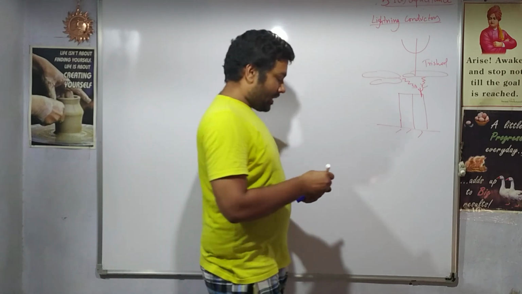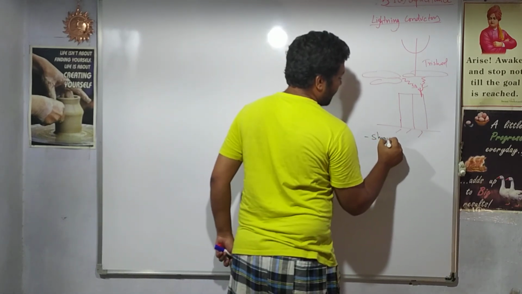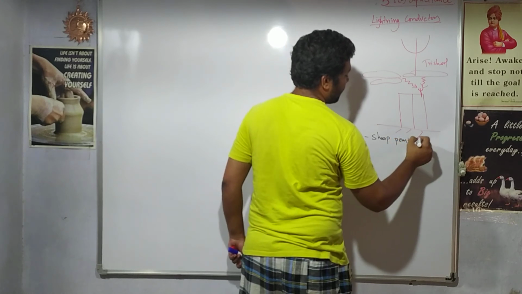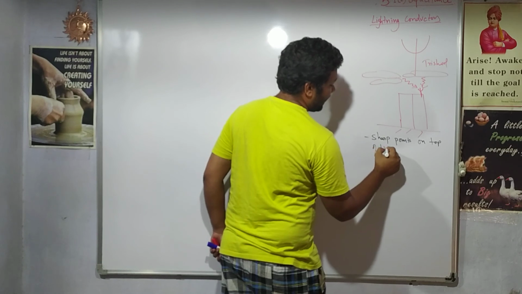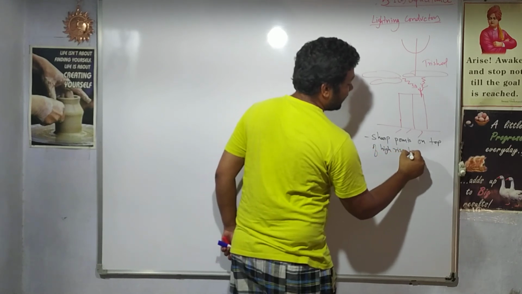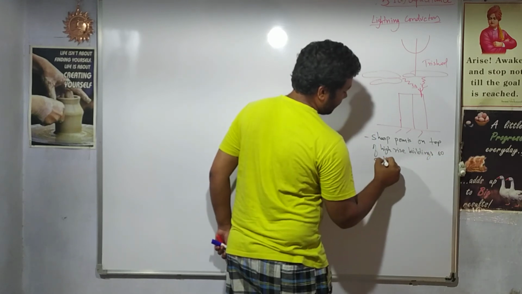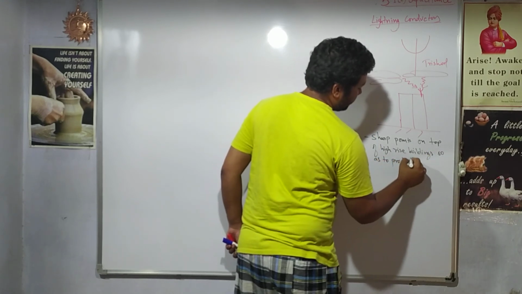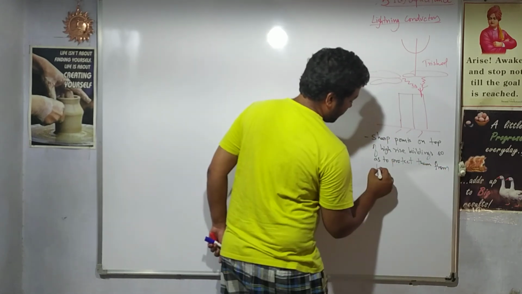So we can write down that lightning conductors are the sharp points on the top of high-rise buildings so as to protect them from lightning.